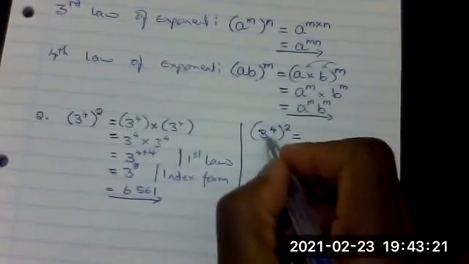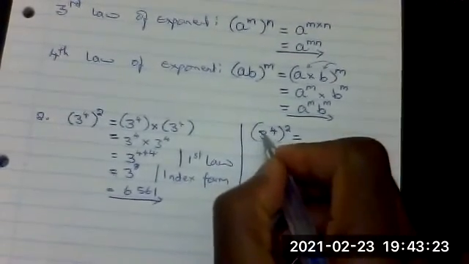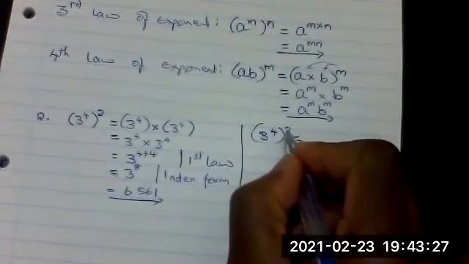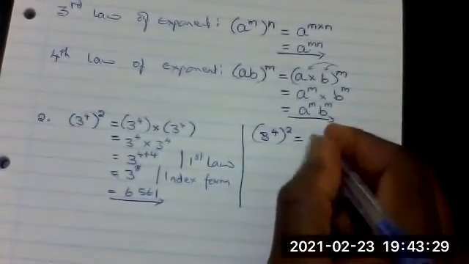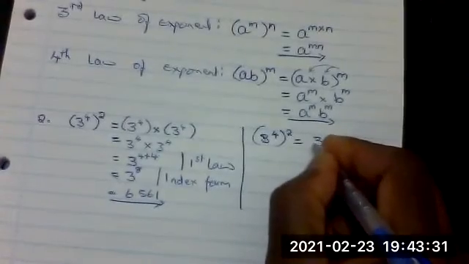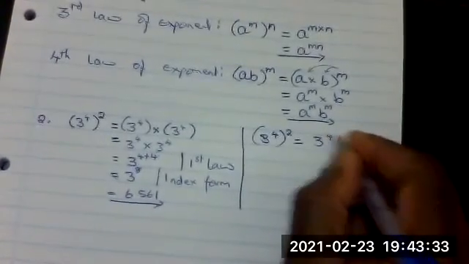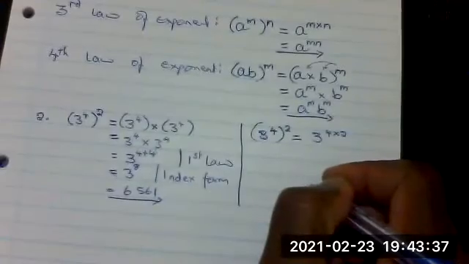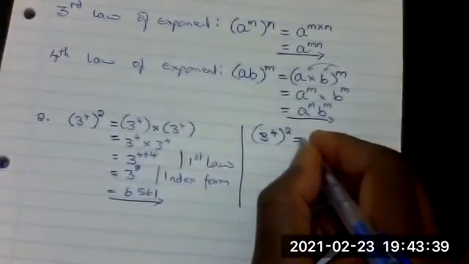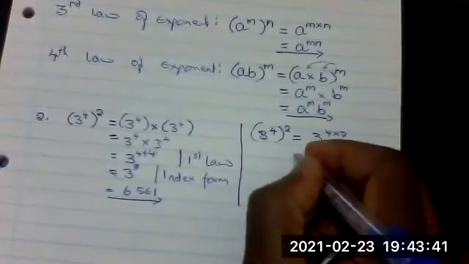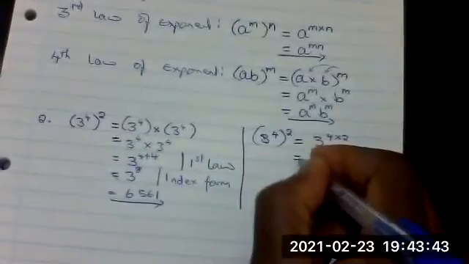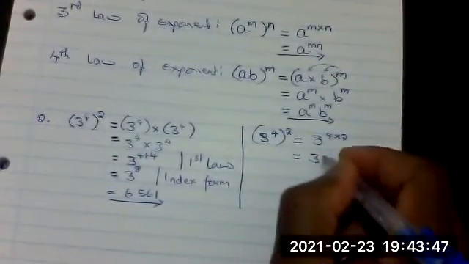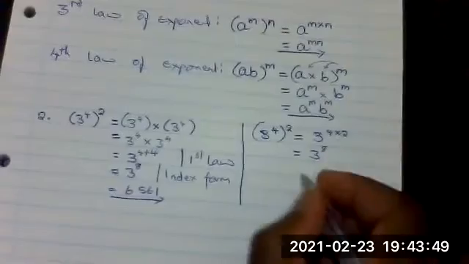So 3 is the base. The exponent is 4 and the other exponent is 2. So it is equal to 3 to exponent 4 times 2, which is 8, right? We multiply the exponents because there are two exponents raising the same base.